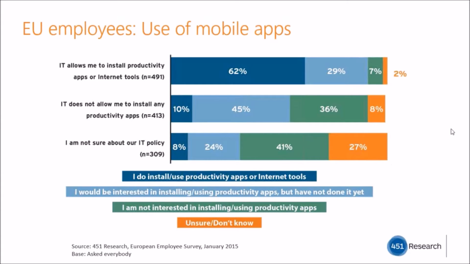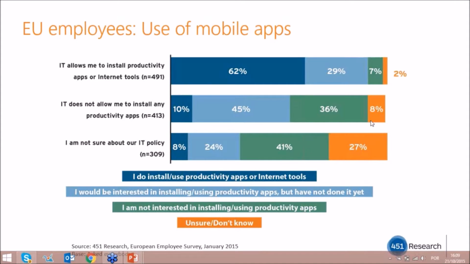And so here you see in blue users that install apps to be productive on their mobile device. So obviously very high among companies that allow employees to do it, but also pretty interesting, like 10% of employees still are able to and still are installing applications on devices where IT does not allow them to do so, and then almost as much, 8%, where they're not sure of that policy.